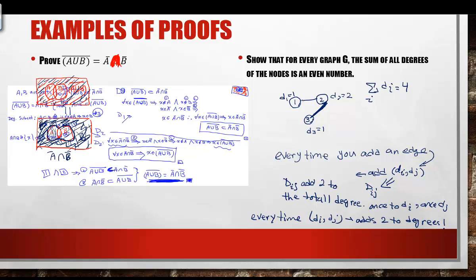So if a graph here has 2 edges, then the total degrees is 2 times 2. If a graph has n edges, then the sum of degrees is equal to 2n. And that proves your statement.